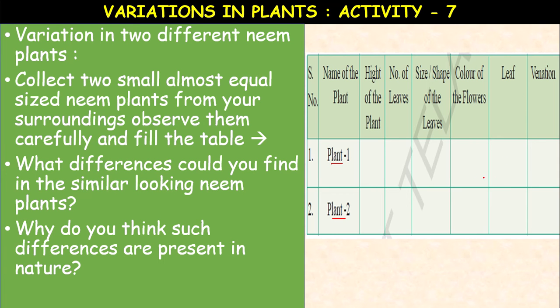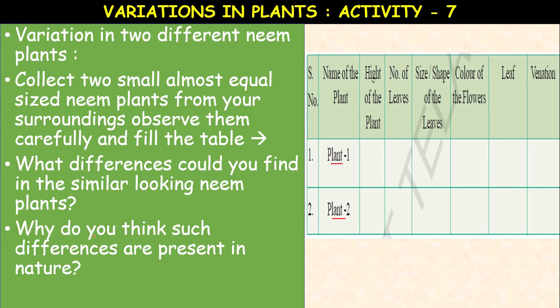Okay, these are the few characteristic features you have to make a note of. What differences could you find in the similar looking neem plants? Height variation, number of leaves variation, size and shape of the leaves variation, and color of the flower. Okay, flower may or may not be present, but the leaf venation is the same.